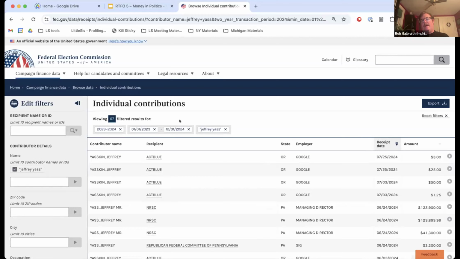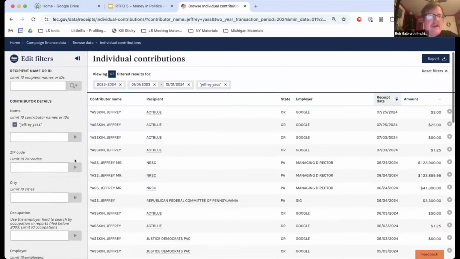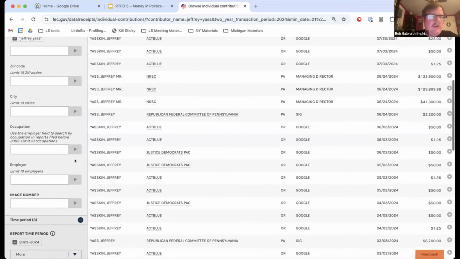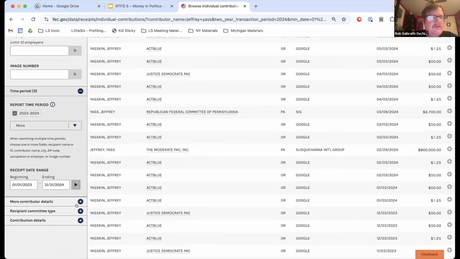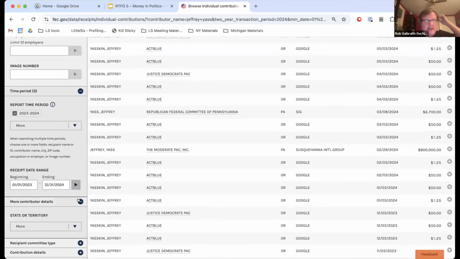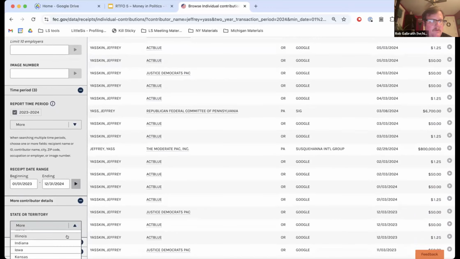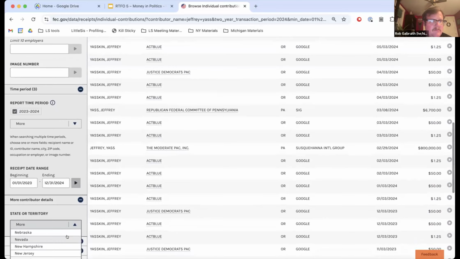If we want to narrow this down even more, we can say, look, we know we are looking at specifically the Jeffrey Yass from Pennsylvania. So maybe we want to only return donations from Pennsylvania. What we can do is scroll down, and we're looking over on the left here at all these different filters. If you go down to more contributor details, you can select exactly the state that you want to return results for.